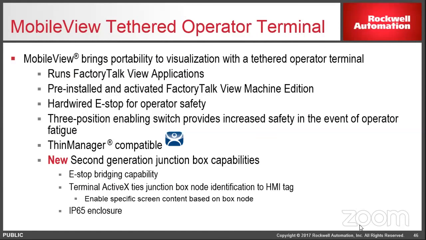So I skipped over it: ThinManager. You see the little ThinMan logo. There's also a model here that boots right into ThinManager. If you don't want to run FactoryTalk View locally, when you have ThinManager, you can hook it in and it'll boot right into ThinManager and see all that content, and it'll be managed the same way as all the other ThinManager thin clients out there.